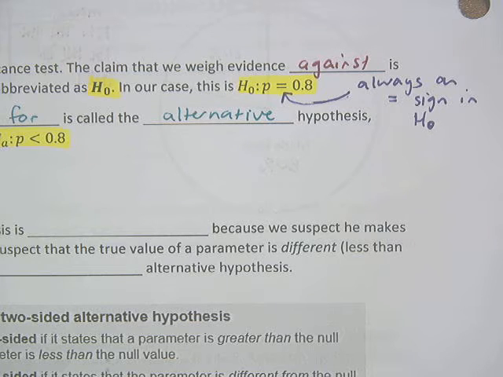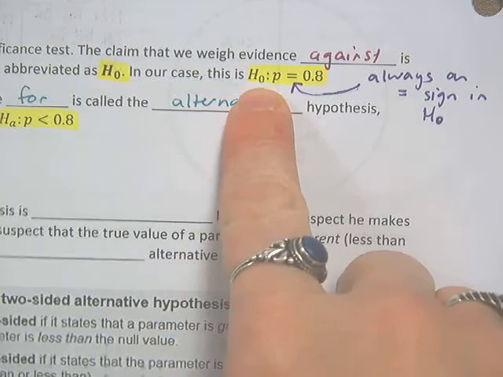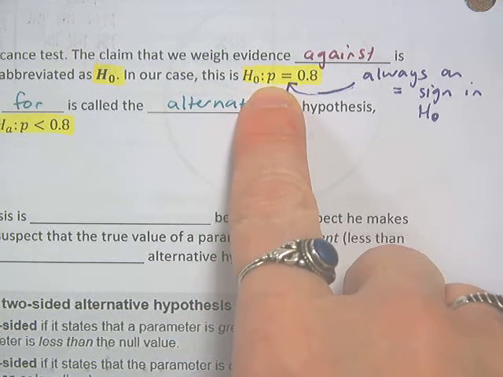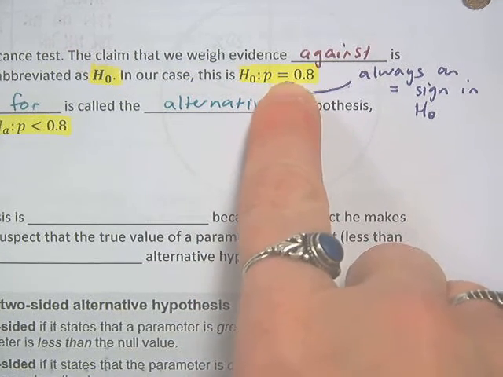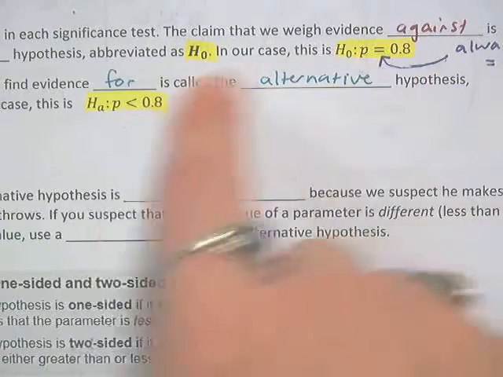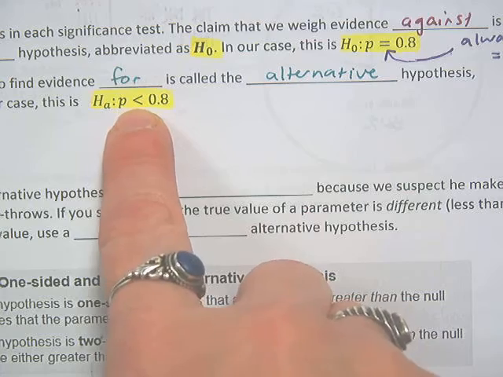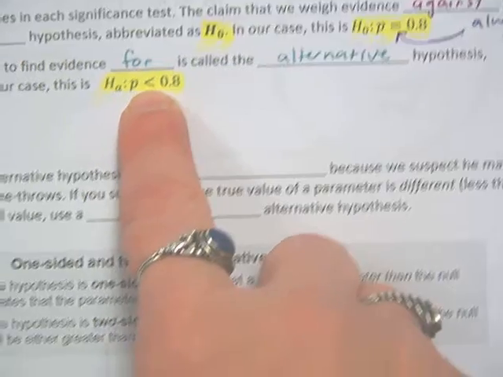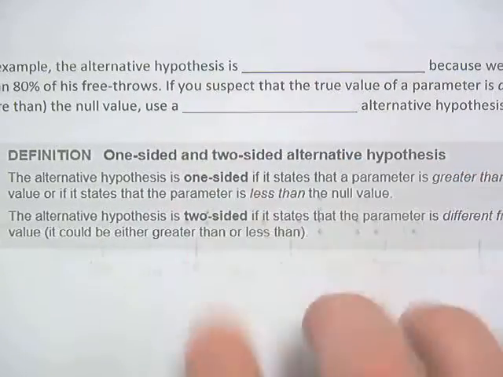It will never be a greater than symbol. It will never be a less than symbol. It will never be anything other than an equal sign in the null hypothesis. So, on your homework you'll have like a multiple choice question. If any of the multiple choice answers have H0 colon and then p and there's not an equal sign there, mark them off. They're not correct. Period. Now, your alternative can have a less than or greater than and even something different than that, which we'll talk about in just a second.